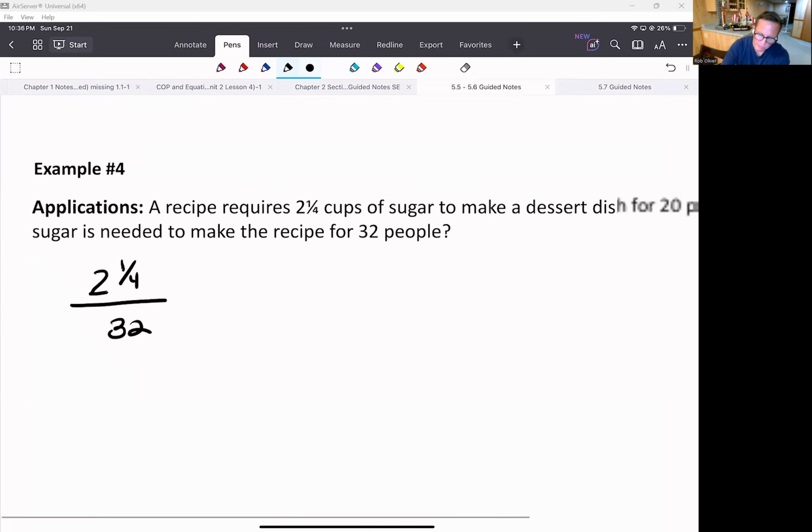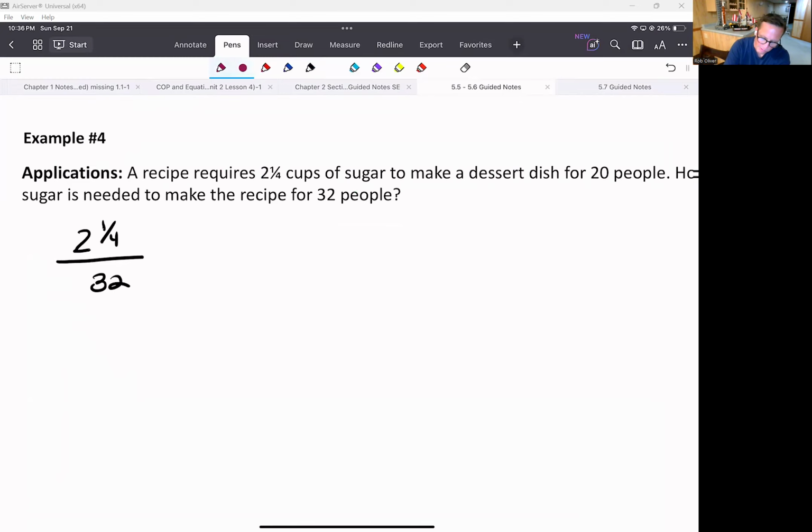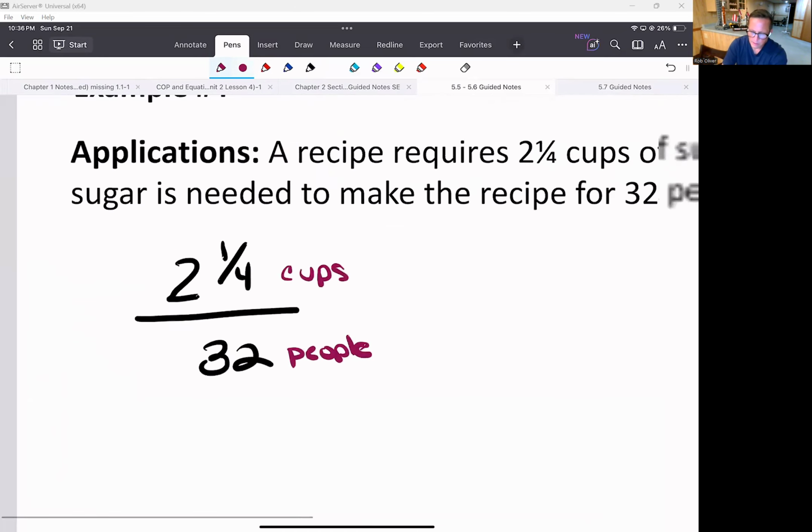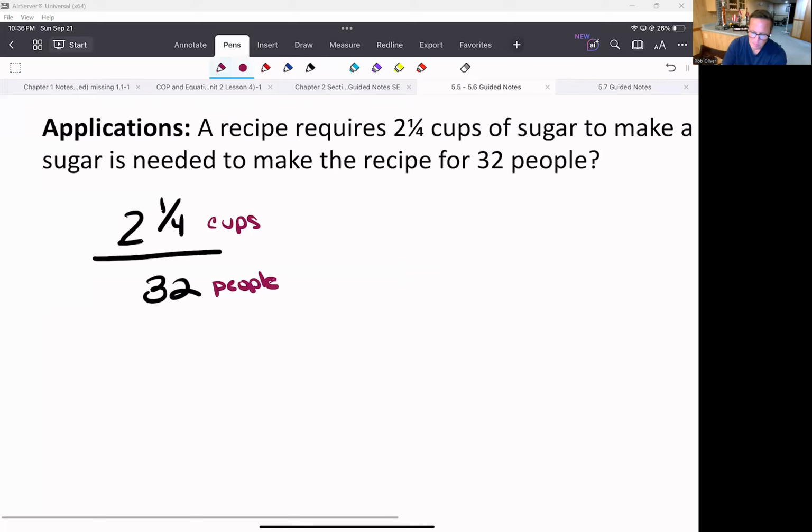The reason I'm setting it up this way is because this is cups of sugar and this is people. If you read it from the top to the bottom, it's cups over people. So when we divide this, we're going to get cups per person. We're going to get the unit rate per one person, because if we know what it is for one person, we can figure out what it is for any number of people.